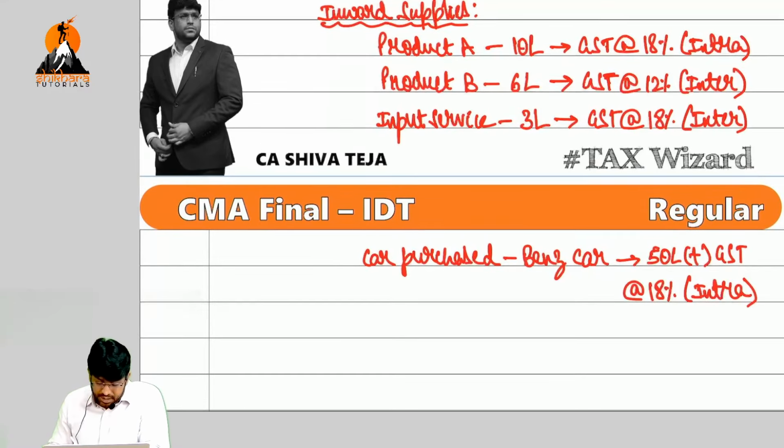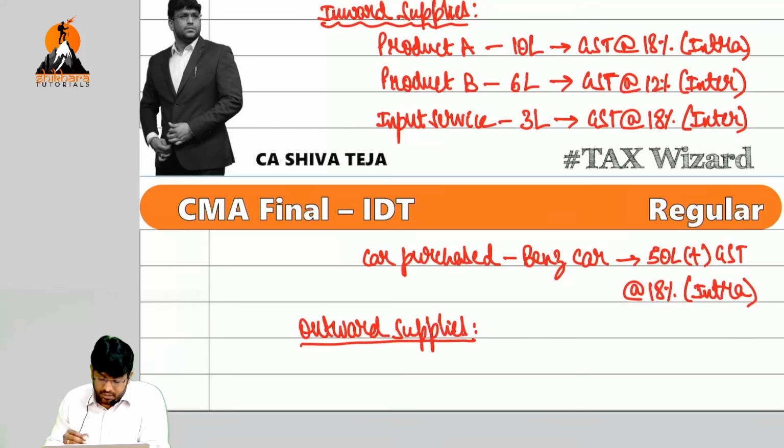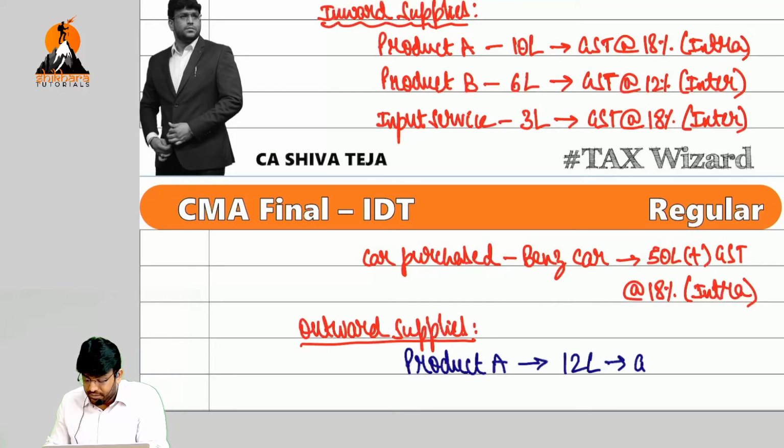Okay, friends, then outward supplies. Product A, 12 lakhs, GST at 18%, intra.